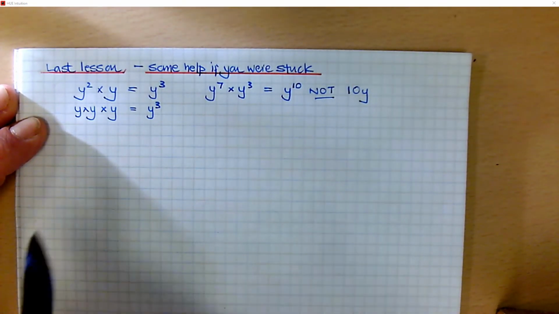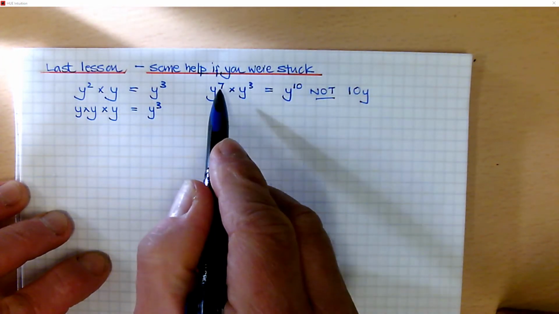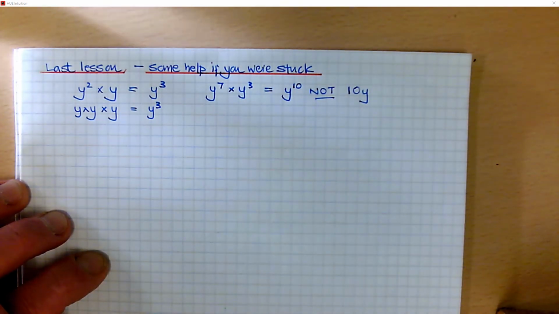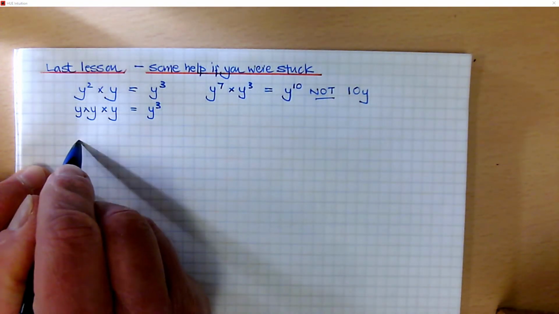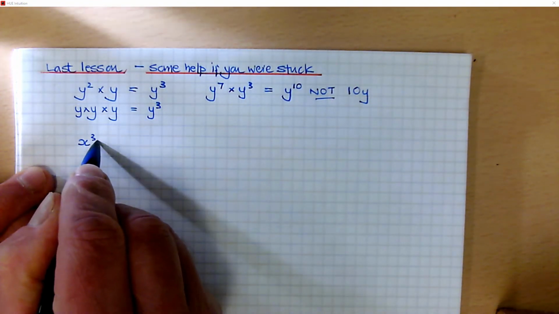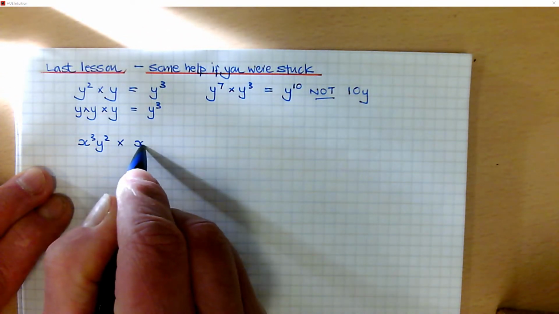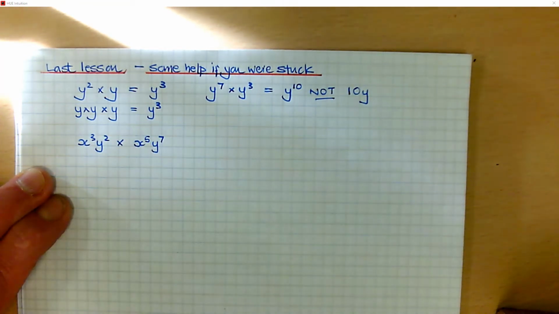Right, so just one more time. When you're multiplying these together, you add the powers. 7 add 3 is 10. And if you had a mixture of letters, you do them separately. So suppose we had this: x cubed y squared multiplied by x to the power of 5 y to the power of 7. Then what I would do is think of these as being two separate questions.